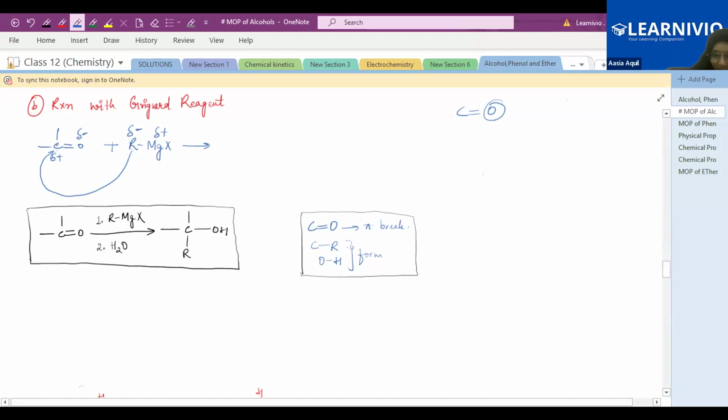If R attaches here, this bond will shift. The CO bond will break over here, and the oxygen gets a minus charge. Because this oxygen is negatively charged, the positive part of the reagent will attach to this negative part. So O minus and plus MgX. Is this step clear to everyone?